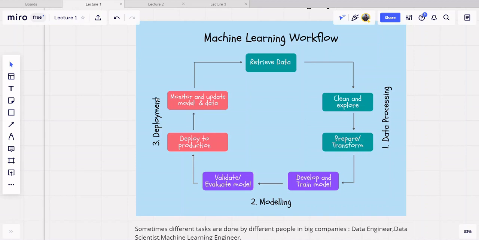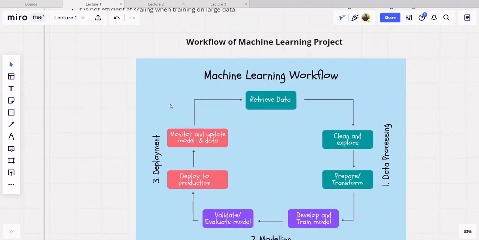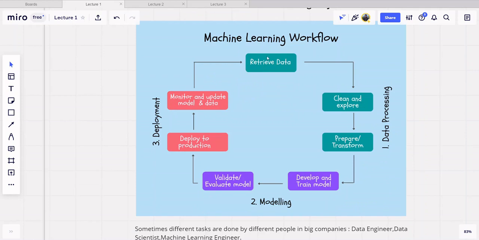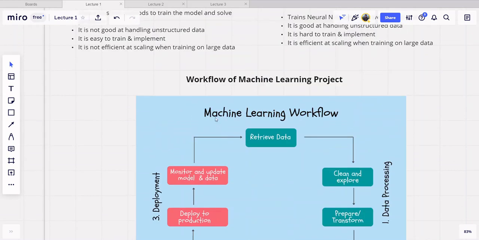Do not worry about all these things. In the next video, I will be discussing each of these parts, like data collection, data processing, training, evaluation and deployment, in brief.